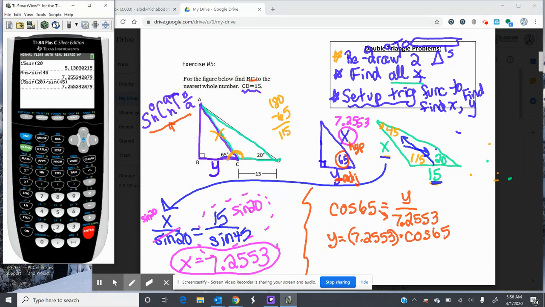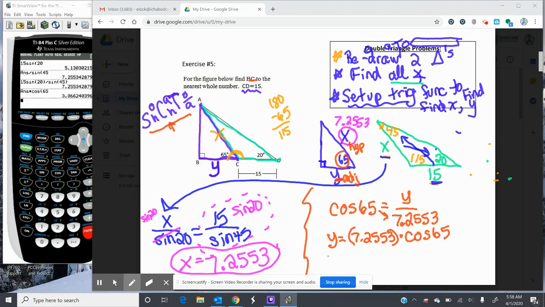So into your calculator, you're just going to hit times, because your answer is going to kind of copy and paste down, cos 65. And our answer here for y is going to be 3. Now again, if we had rounded here, that's going to affect these next decimals. But the final answer for BC is rounded to the nearest whole number. So BC for our final answer will just equal 3.